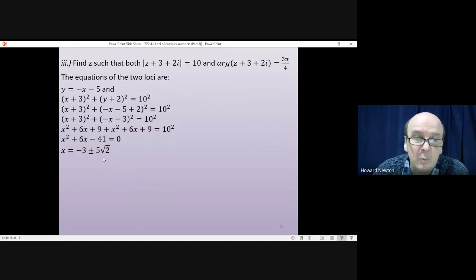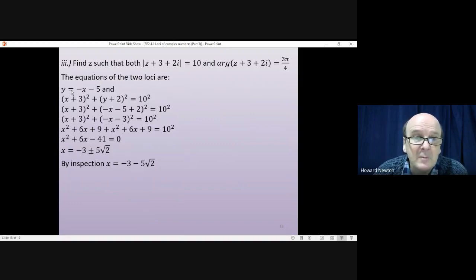Now, if it wasn't a half line, if it was a whole line, there would be two solutions. The only solution that actually exists, you can tell by inspection, is the one where we have minus 3 minus 5 root 2. If you take the positive value, then you'll be on the other side where the half line doesn't actually exist. So that's the value of x.